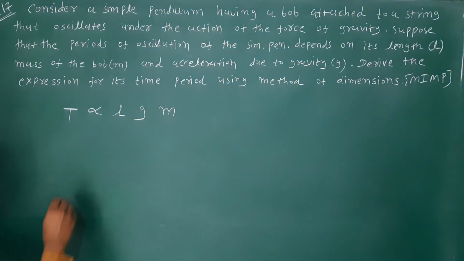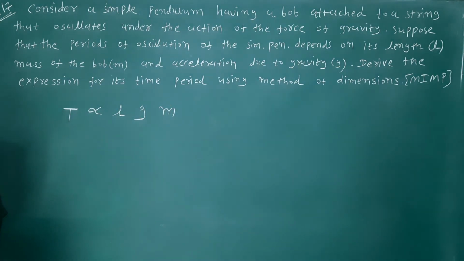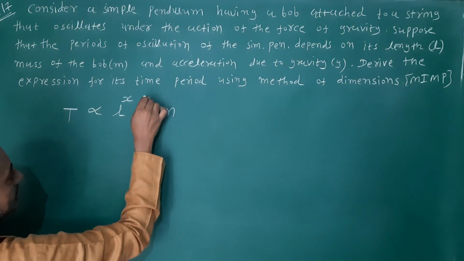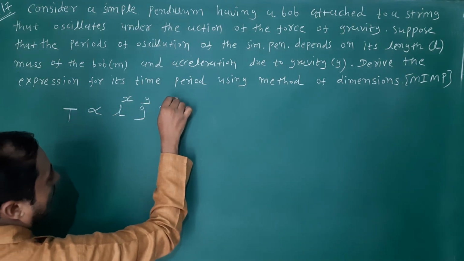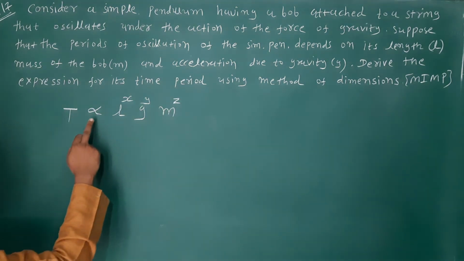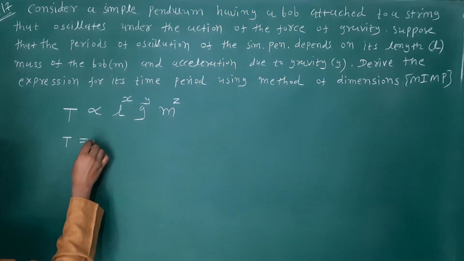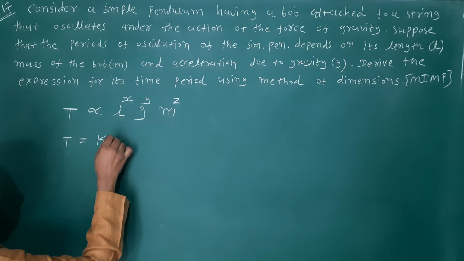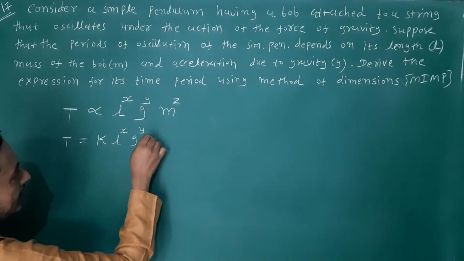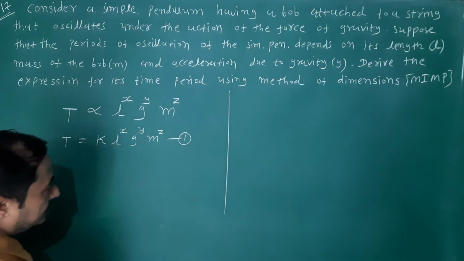But the powers of L, g and m are unknown. So we assume L raised to x, g raised to y and m raised to z. Now we want to remove the proportionality sign, so we take a constant. So T is equal to K L raised to x, g raised to y and m raised to z. This is equation number one.